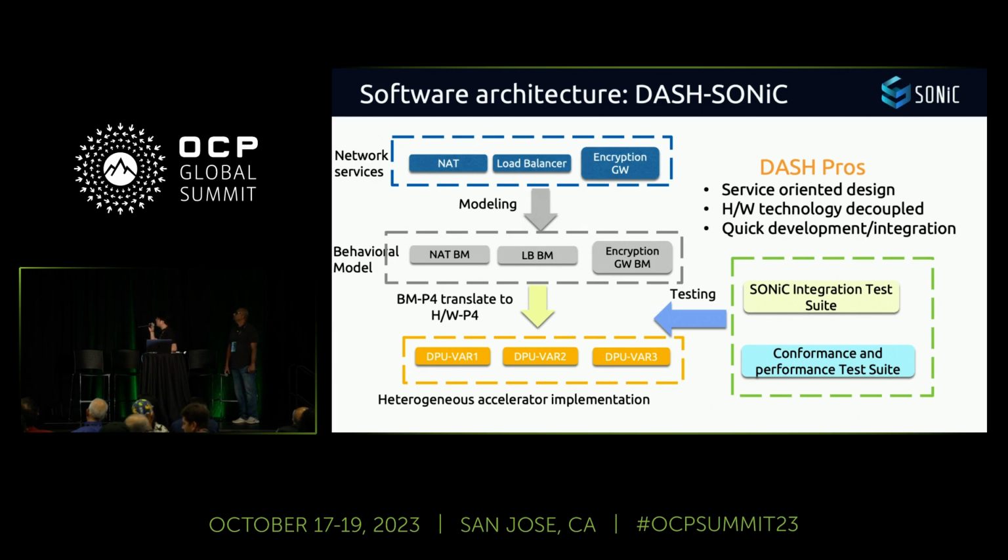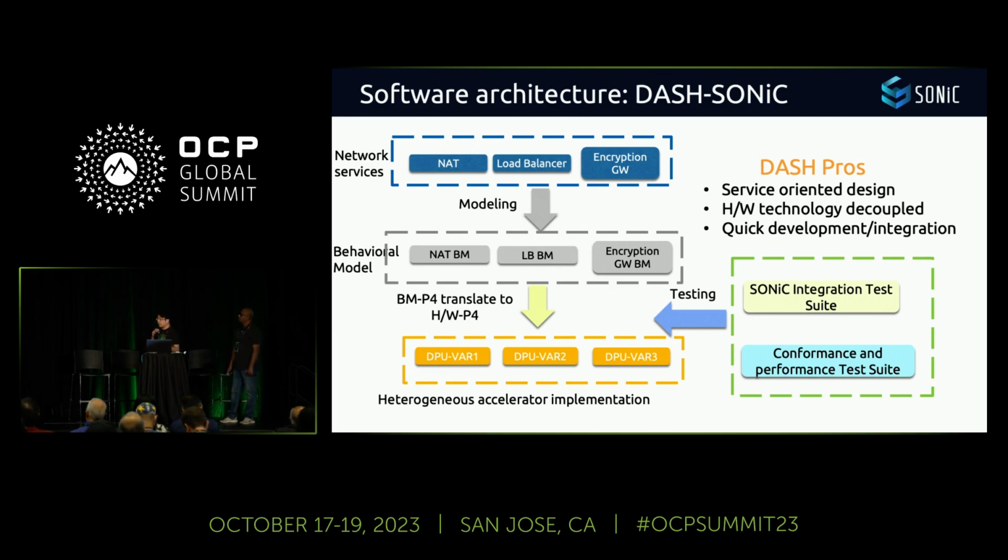Okay, so this is a simple picture for how DASH works. First, we define the network services like NAT and load balancer or encryption gateway. The first thing we do is the modeling.